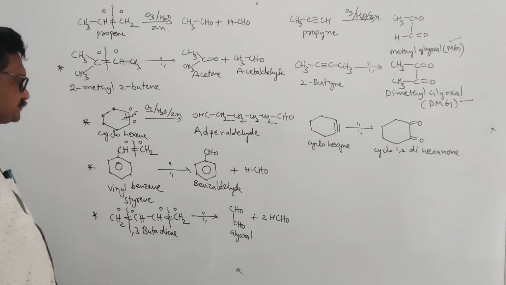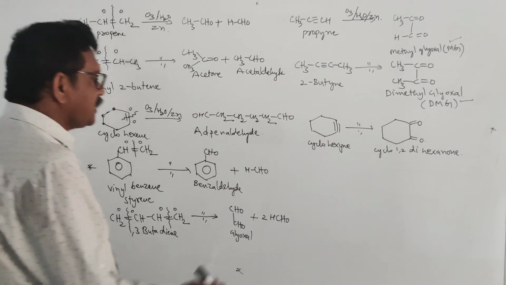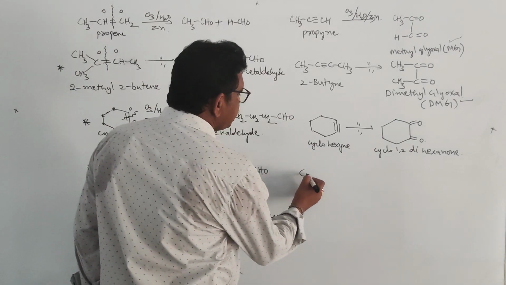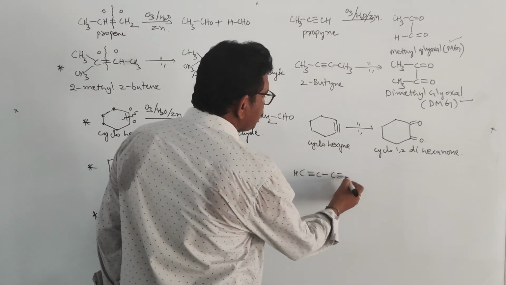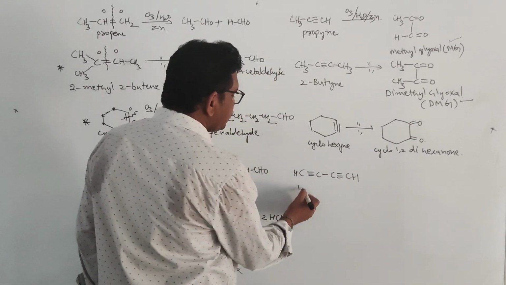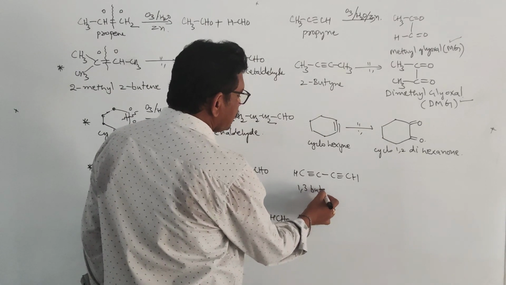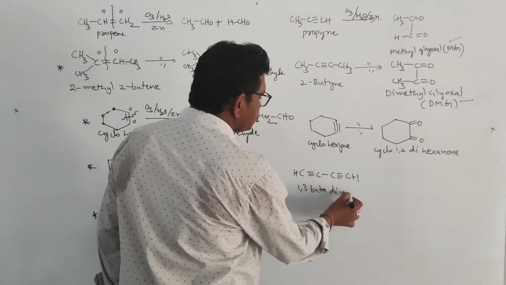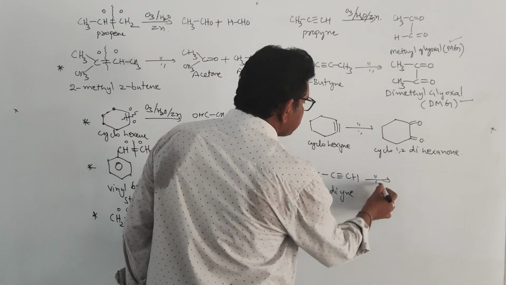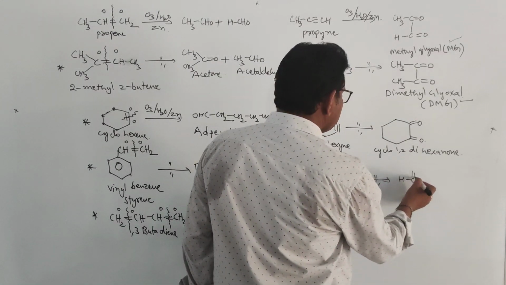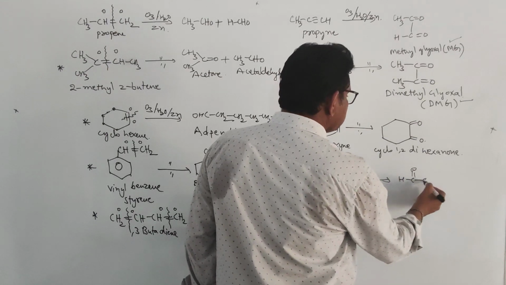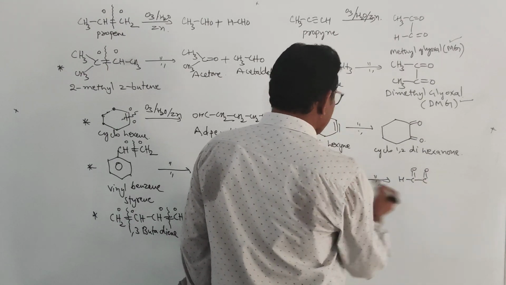Okay, students. Like that, you may take a compound like this: CH≡C-C≡CH. This is called 1,3-butadiyne. Which on ozonolysis, what happens? See, HC=O, C=O.